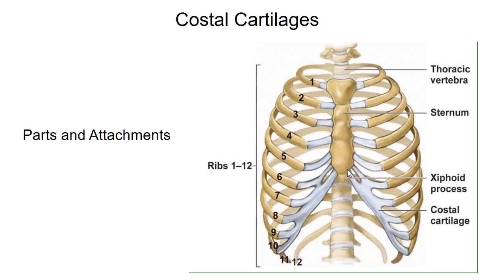The 8th, 9th and 10th cartilages are connected to the next higher cartilage by synovial joints. The ends of the 11th and 12th cartilages are pointed and free. This is the 11th rib, this is the 12th rib. Their cartilages are free and pointed.